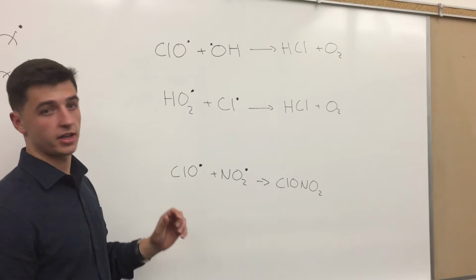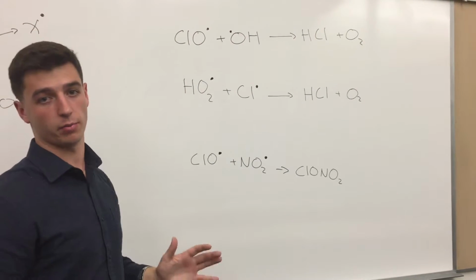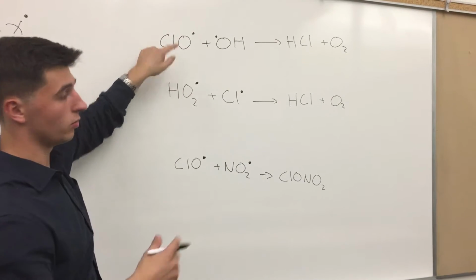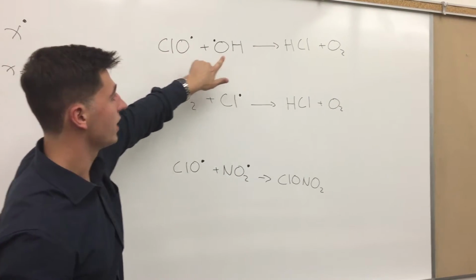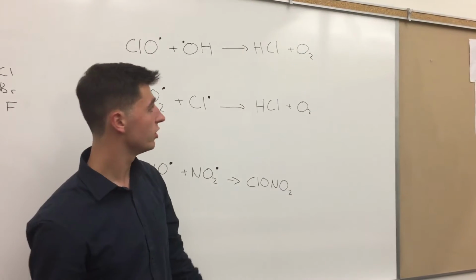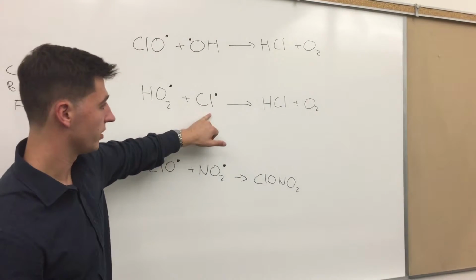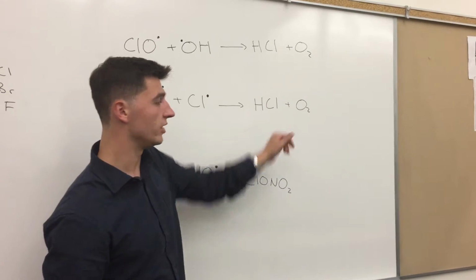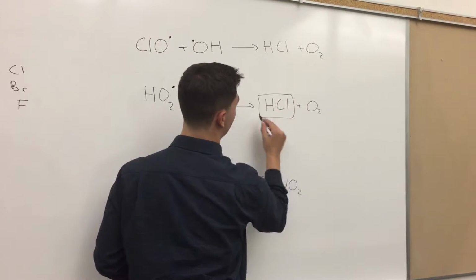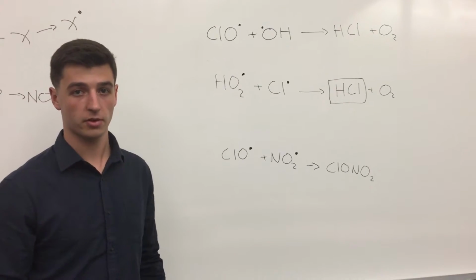How this works is that intermediates from the chlorine radical initiation of the breakdown of ozone, chlorine monoxide, which is one of them, react with hydroxyl radicals to make HCl and NO2, and O2, and HO2 radicals, plus chlorine radicals, react to form HCl and O2 as well. That's how the HCl sinks are formed.